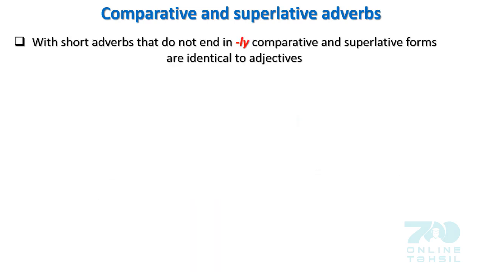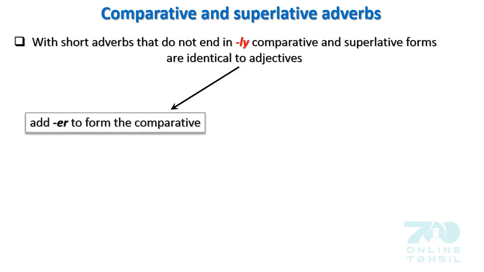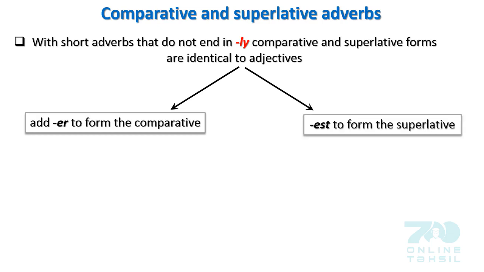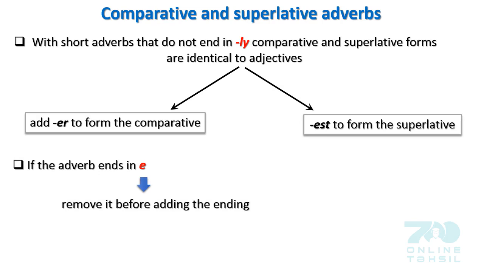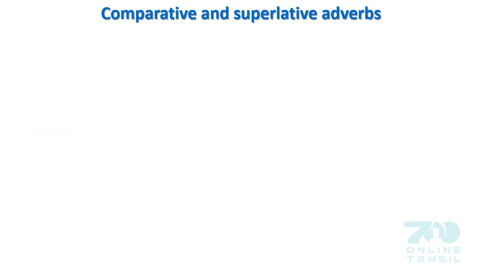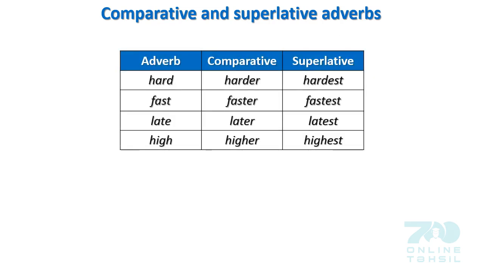With short adverbs that do not end in ly, comparative and superlative forms are identical to adjectives. Add er to form the comparative and est to form the superlative. If the adverb ends in e, remove it before adding the ending. Look at the table.